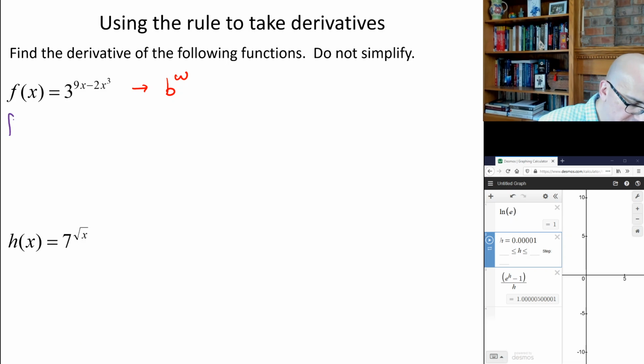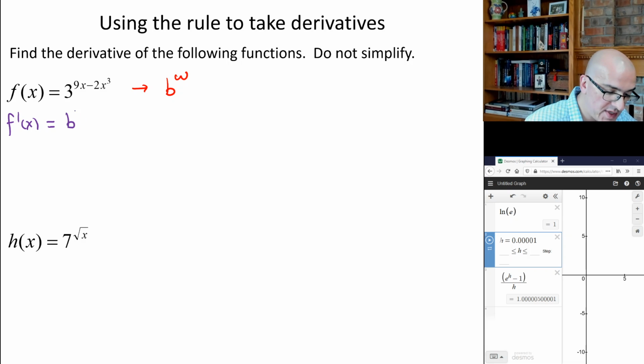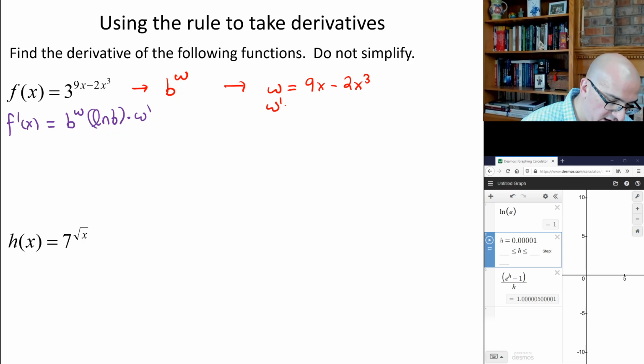Okay, so the derivative, according to the formula on the previous slide, of anything of the form b to the power of w will be b to the w times the ln of the base, so times the ln of b, times w prime. So w in this case is 9x minus 2x cubed. W prime is going to be 9 minus 6x squared.